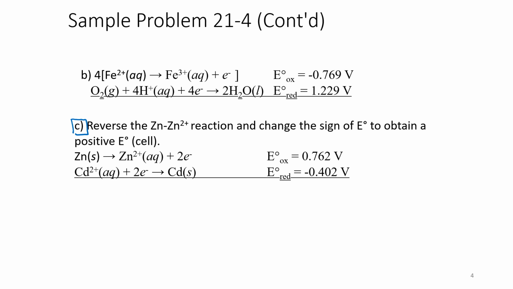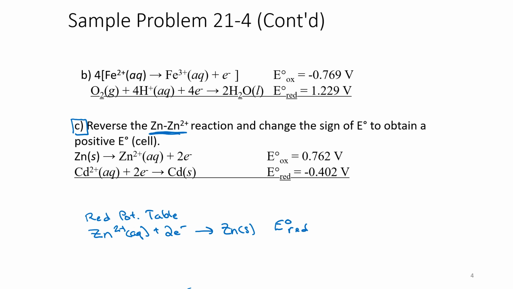So when we've got our zinc and zinc 2, what we can find in our reduction potential tables is zinc 2 plus 2 electrons are going to produce solid zinc, and you're going to be given E naught reduction equal to negative 0.762 volts.